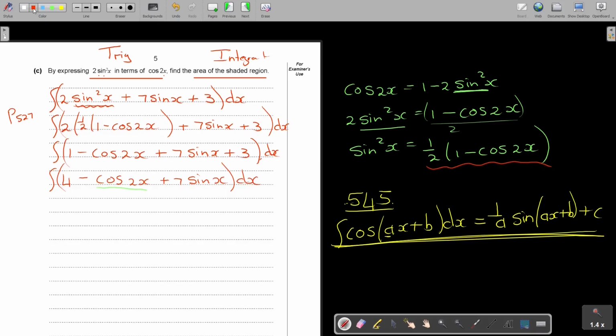Okay, so let's start and do that integration. So it's going to be 4x. Now here comes, minus, and now it's just going to be a half, because that is 2, that's a. So it's a half sin 2x plus 7. And now what is sin? Look on the formula sheet. That's easy. It's minus cos x.